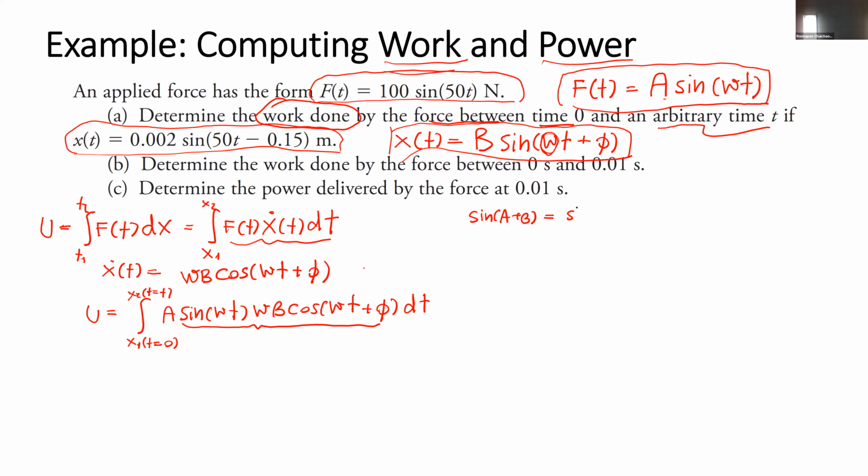Sine of A plus B is sine A cosine B plus cosine A sine B, right? How about sine of A minus B? Sine A still stays the same, cosine of B is cosine B, and cosine of minus B is still cosine B.